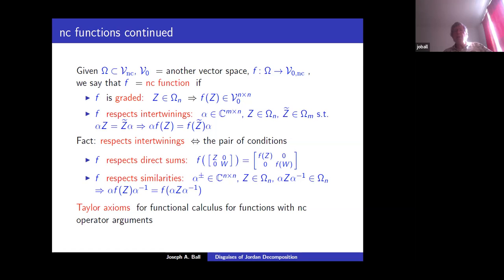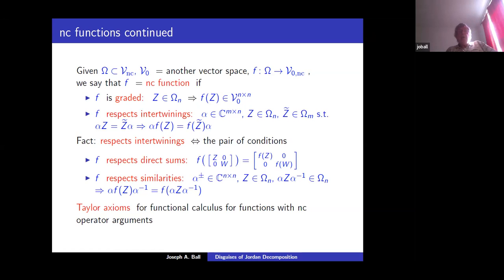So if you have two points of whatever size in omega, one at level n, one at level m, and you have a scalar matrix alpha, then these products make sense. Suppose they're equal, then the values should respect the same relation. And now you have alpha acting on a matrix over V naught in the range, whereas on the domain side, you had alpha acting on a matrix over V. So it's the same alpha, but it can act on whatever space.